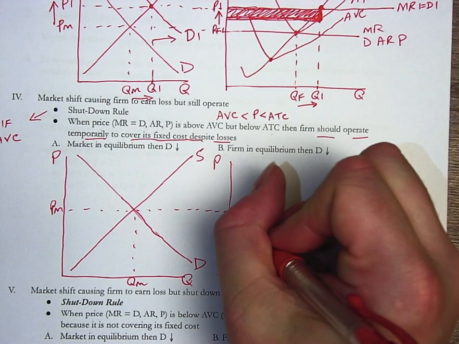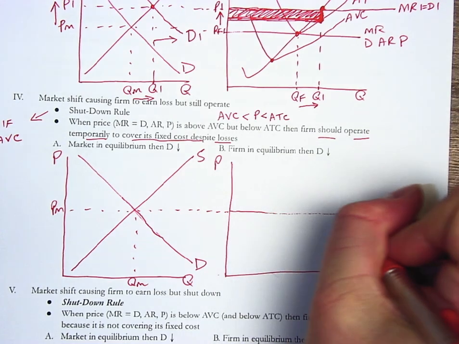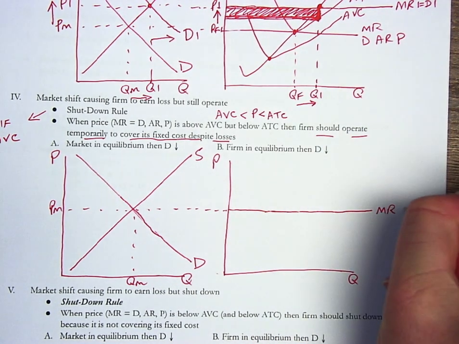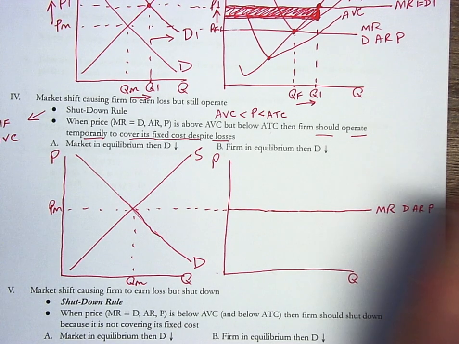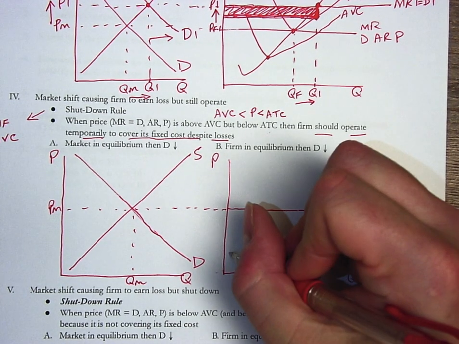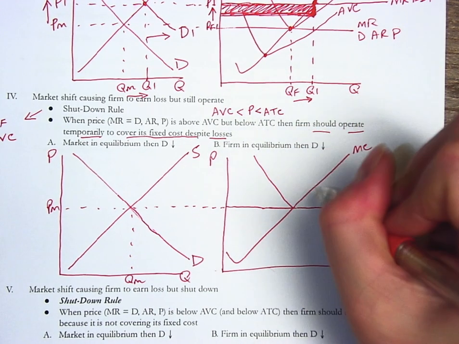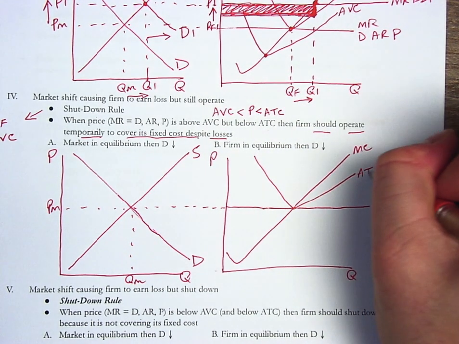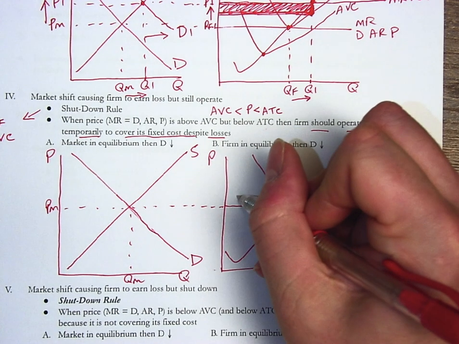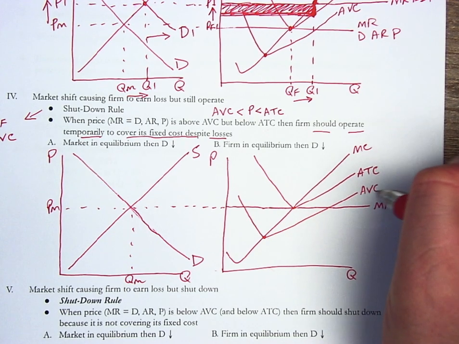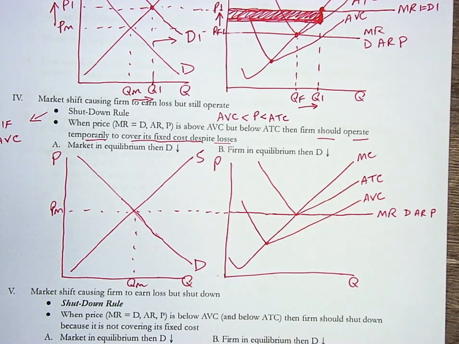And then we're going to find that that creates the marginal revenue and demand and average revenue and price, the MR = D = AR = P. And then we've got marginal cost, and then we've got ATC, which comes down and comes back up, and then AVC, which comes down and comes back up. So this is why we need that AVC curve in here.